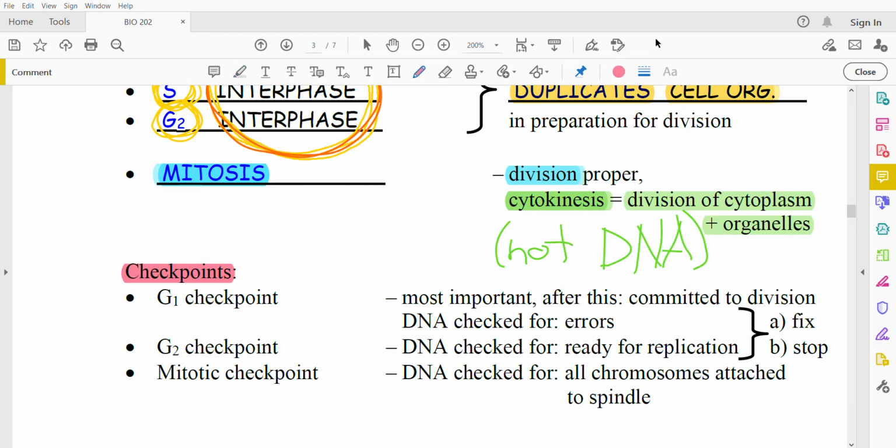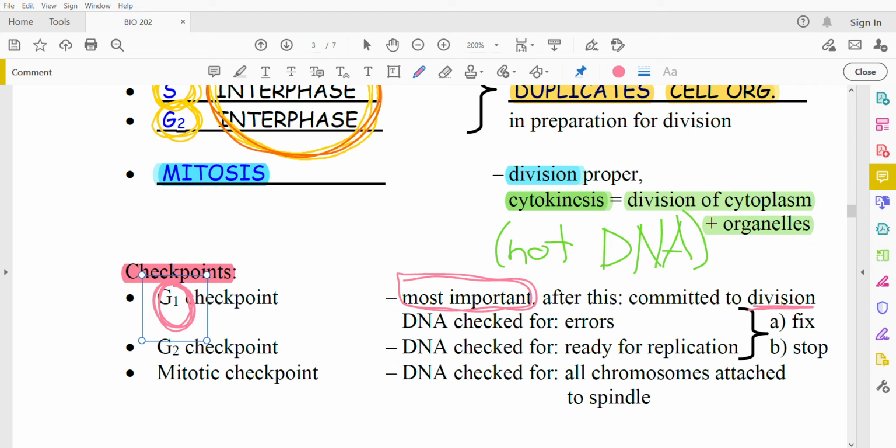Well, the G1 checkpoint is the first checkpoint that we have. And you might remember that this is the most important checkpoint out of all of them, because once the cell has passed this G1 checkpoint successfully, it is now committed to divide.